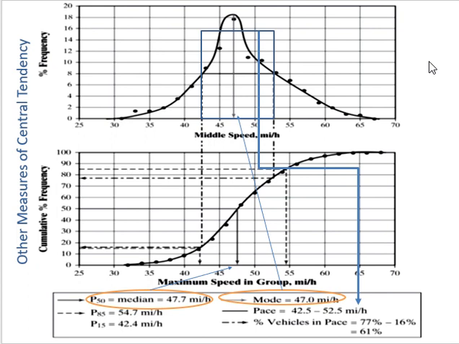Now the last measure of central tendency is pace. Remember, pace was a range. For pace, I'll go to the first curve. The distinguishing factor about pace is it has comparatively the highest proportion of drivers.